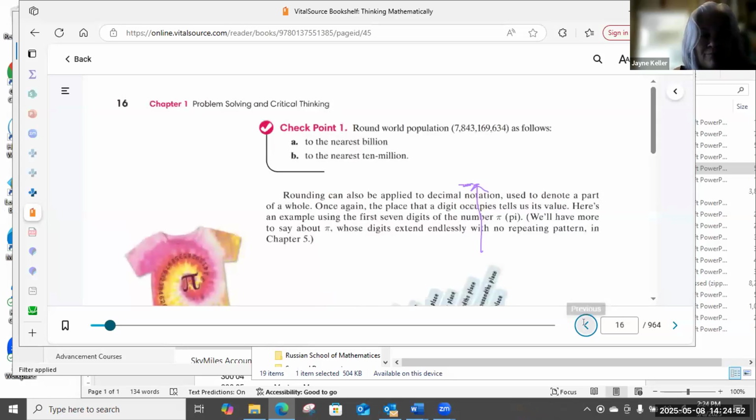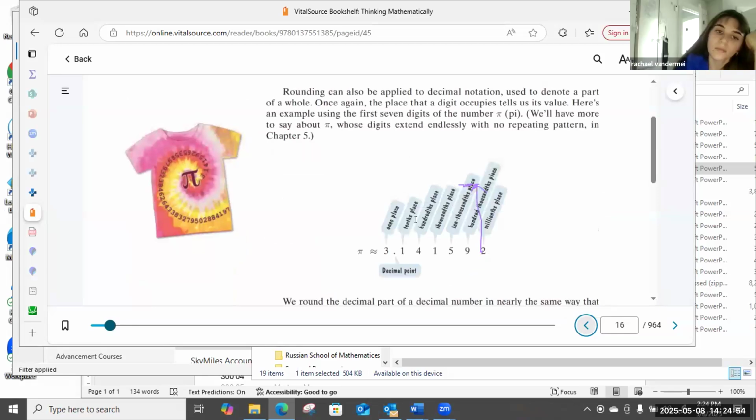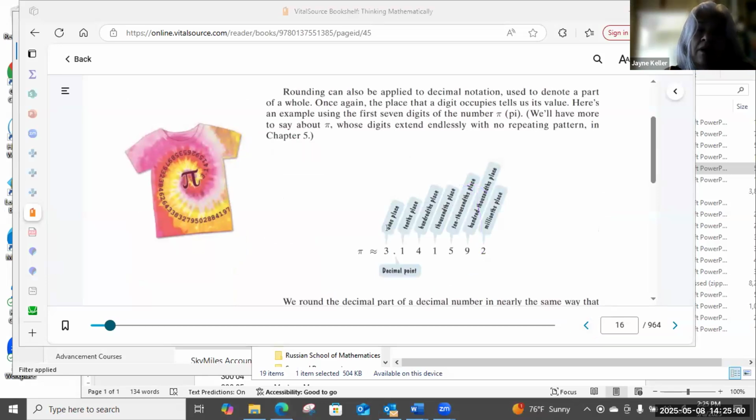Here we go. This is not what I wanted, but this will do. These are the ones, and then we get bigger tens and so forth. In this direction, each time we add another zero to the denominator. So tenths, hundredths, thousandths, 10,000ths, and so forth.